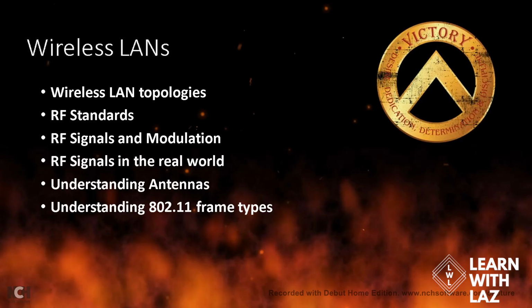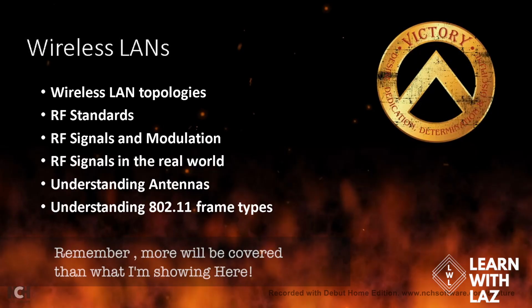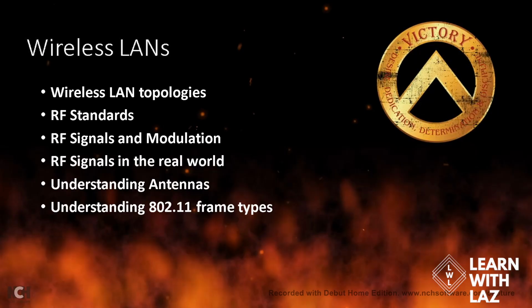One of the first things that we need to understand is not only the devices that work in wireless networks, but LAN topologies. Just like you have Ethernet, which is 802.3, this is 802.11 for wireless, and we'll get into the different 802.11 standards: A, B, G, N, and AC.